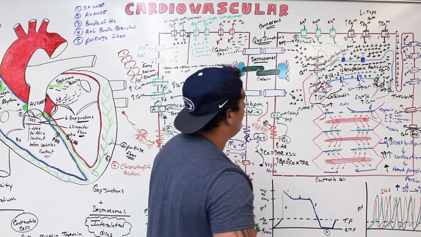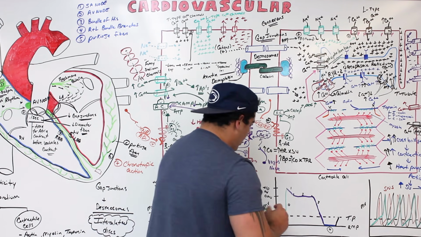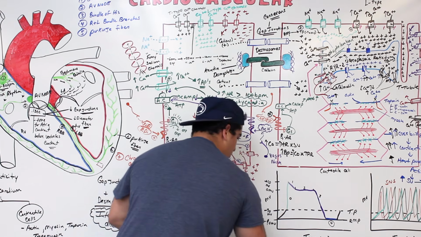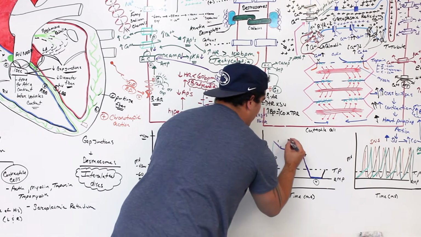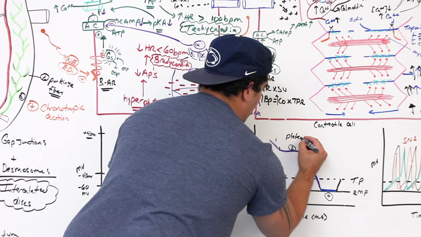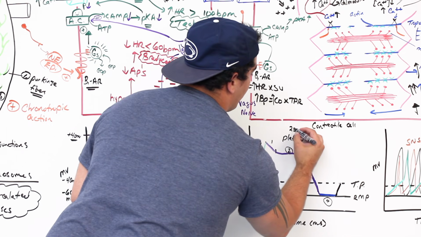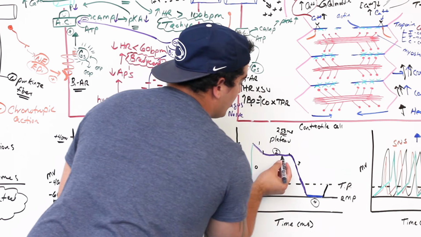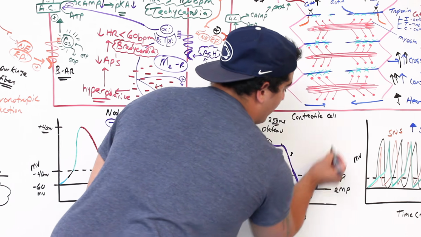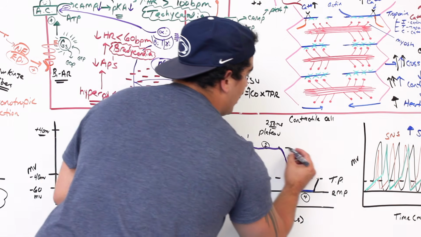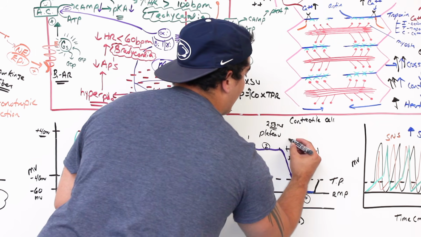Last thing I want to talk about is this whole refractory period. It is important that I briefly mention this: the plateau phase that we talked about here in phase 2 is important because it's about 250 milliseconds. Once it comes from this, it goes from phase 3 all the way to 4 until there's another action potential. This period here is called the refractory period.